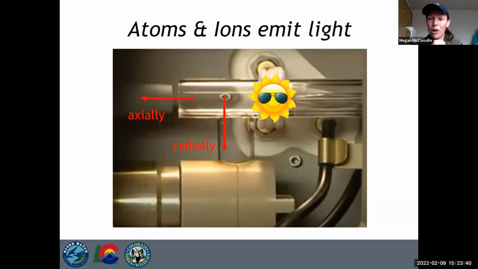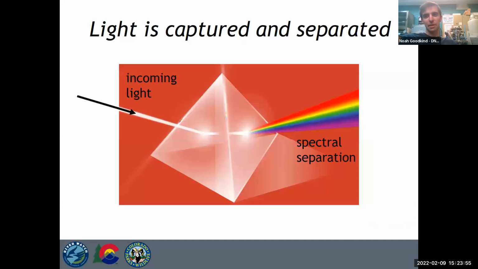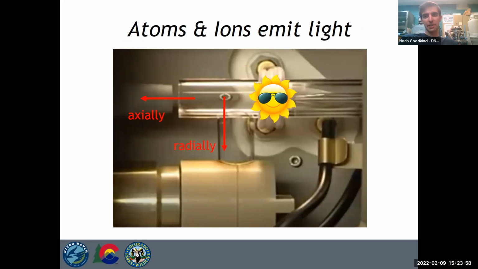Yeah, but there's a small little sun. Like this gets hot. We have to have a chiller to keep everything else cold. We are creating a small sun inside this instrument, which is really amazing. So it's an incredible technology. Is it one temperature, or does it vary depending on which atoms you're trying to excite? That's a great question. Generally, this is at like 3,000 to 5,000 degrees C, right?